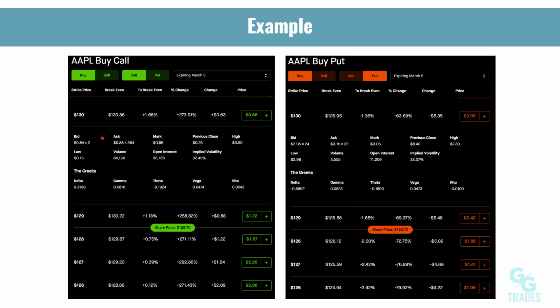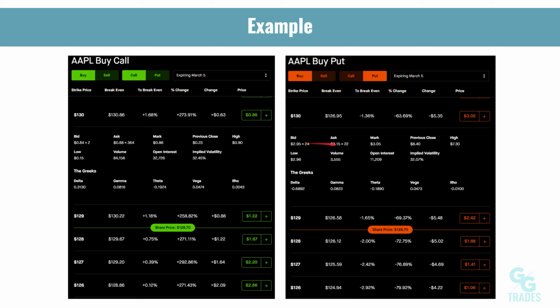When it comes to the spread, as I mentioned before, here's the bid and here's the ask. It is always better and less risky to trade options that have a tighter spread. As you can see here, the spread between the bid and the ask is 4 cents. That's typically considered okay, pretty decent. Now let's look at the spread on the put side for the same 130 contract: 2.95 versus 3.15.